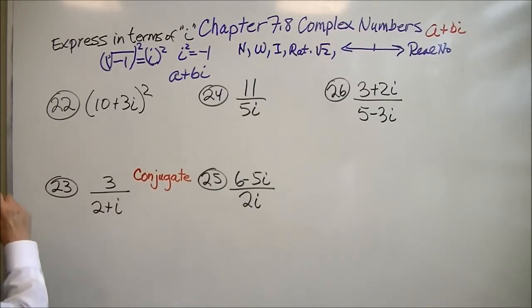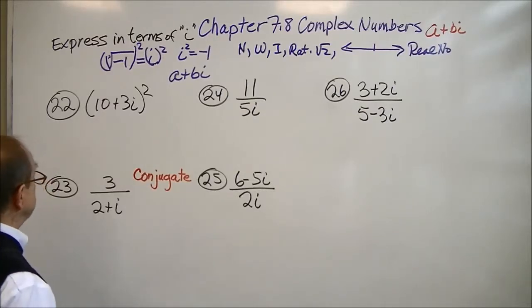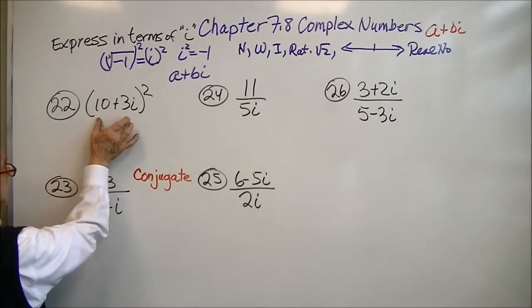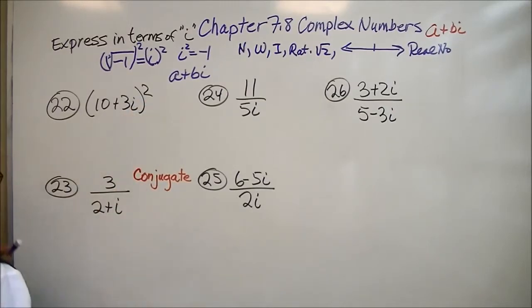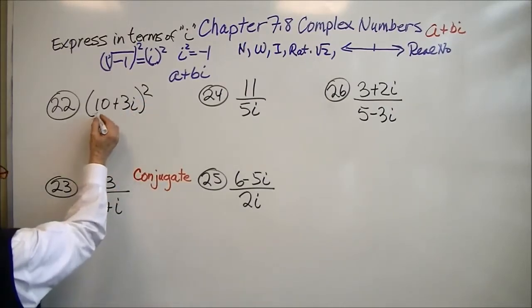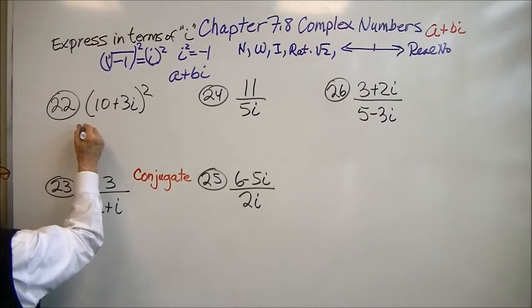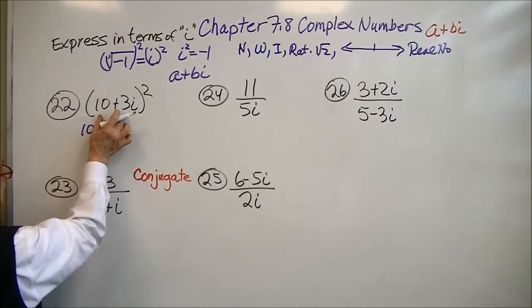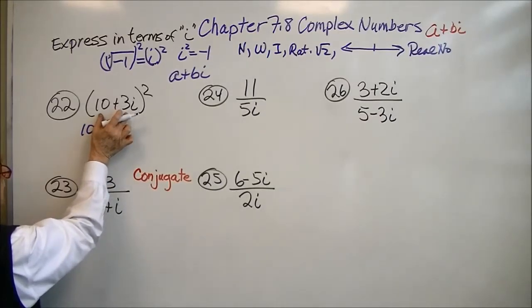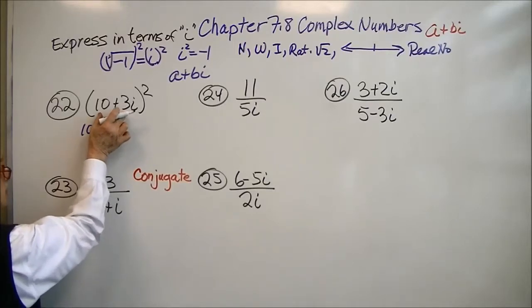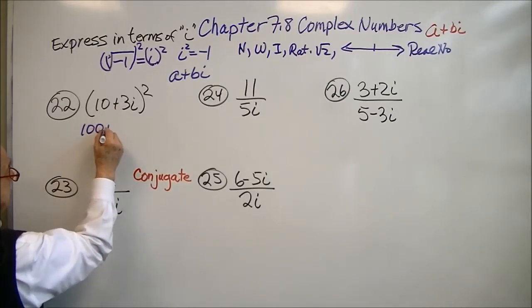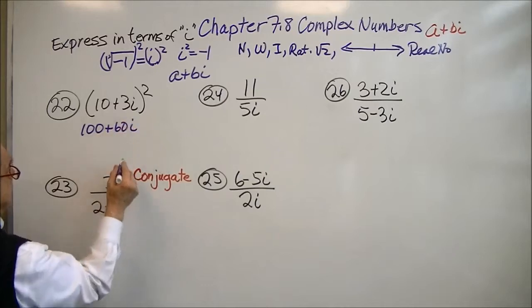Okay, again, we want to practice squaring a binomial. So we square our first term. That gives us 100. We multiply these two terms together and then double it. So that's 30. Doubling it is 60i.